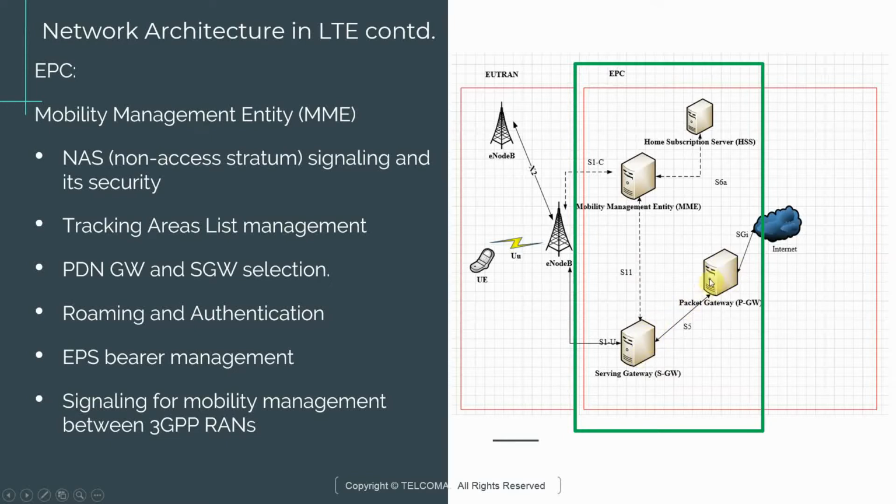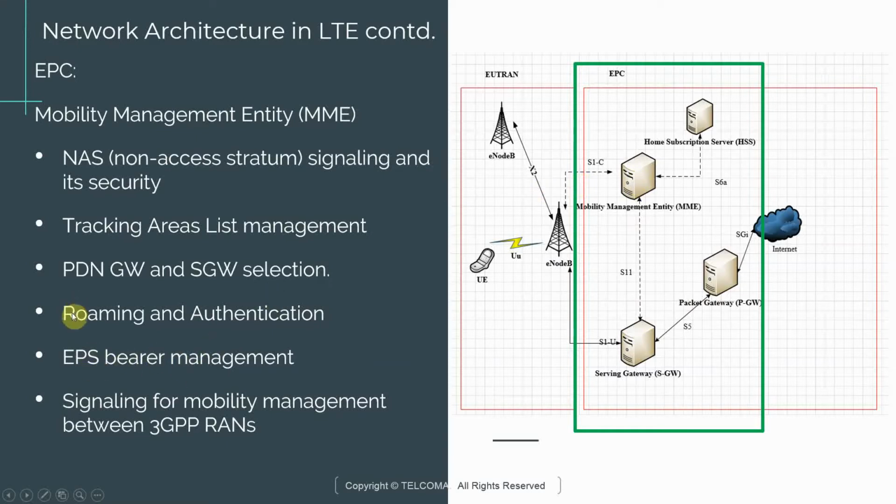A small operator may have only one of these, while a big operator can have a few of these. So the MME uses some logic to figure out which of these to select. So it's a responsibility of the MME to figure that part out.